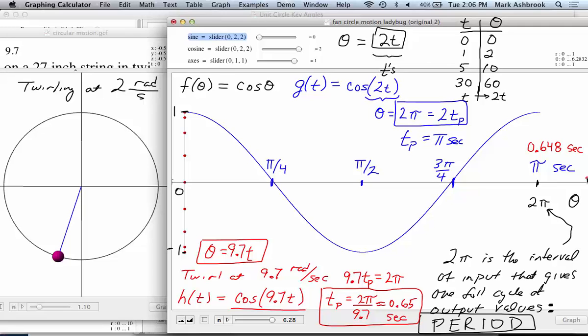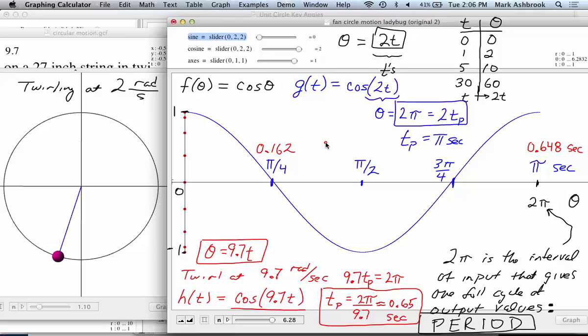As we start analyzing and drawing these cosine and sine curves, they're always 4 parts, based on the 4 quadrants. So we're going to take our period and divide it in half first, or divide by 4. What do we get when we divide 0.648 by 4? 0.162.